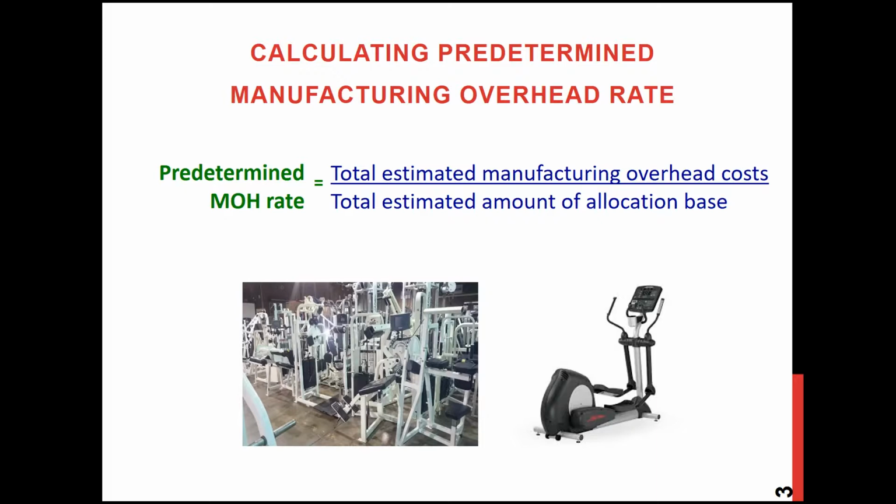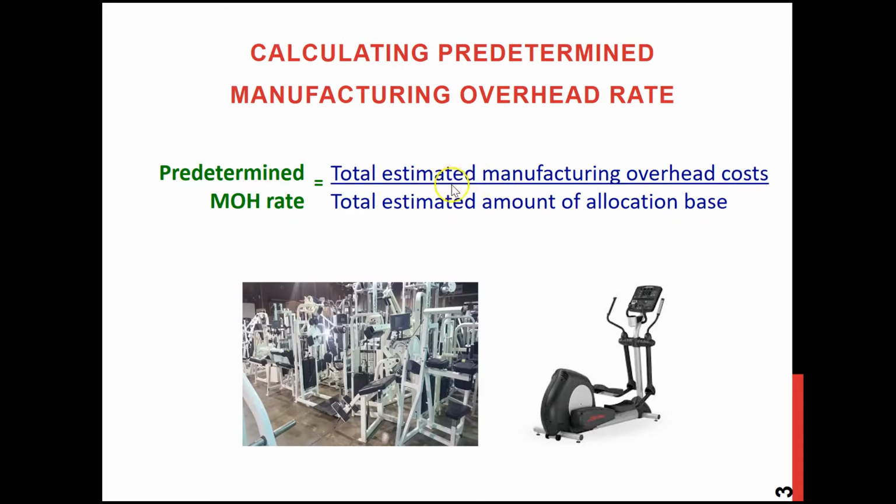It could be anything. It could be your machine hours, it could be your labor hours, it could be your labor cost. So they first determine what will be their total estimated manufacturing overhead cost and what will be their total estimated amount of allocation base.